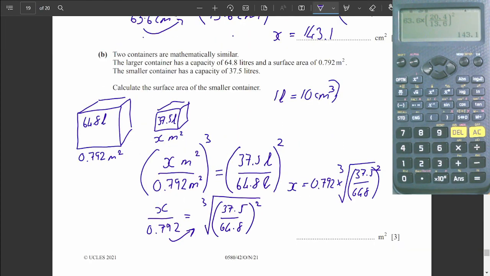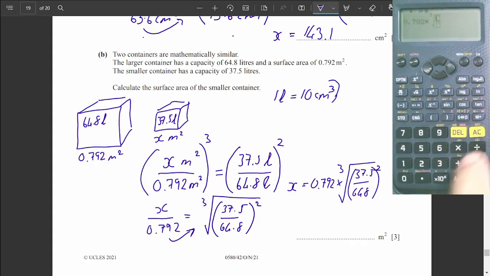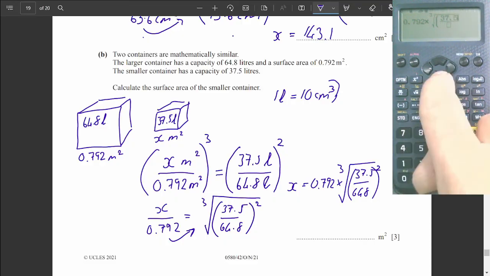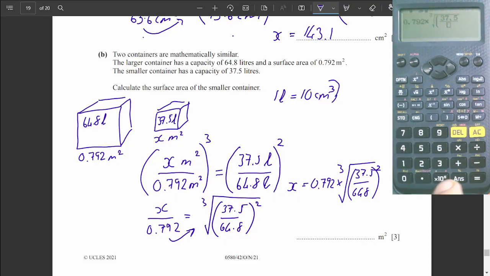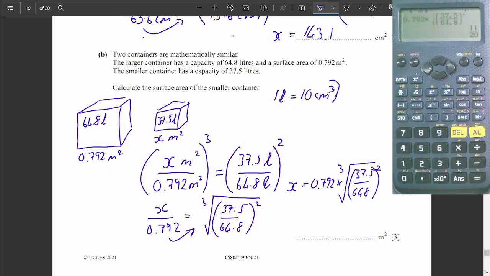Okay, so all we need to do now is hammer that into our calculator. So we've got 0.792 times shift the cube root of 37.5 over 64.8 bracket squared. And bam, we've got our answer, X equals 0.55 meters squared. And you've done it.